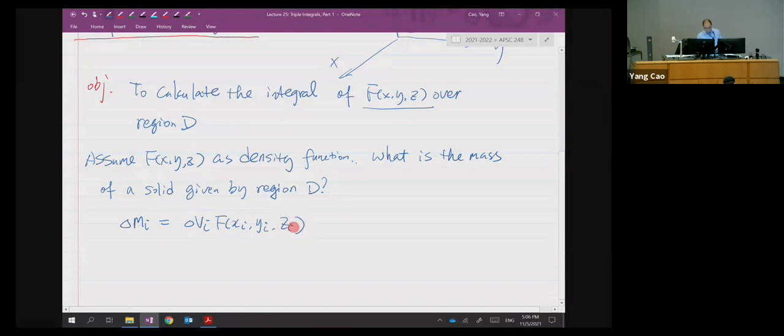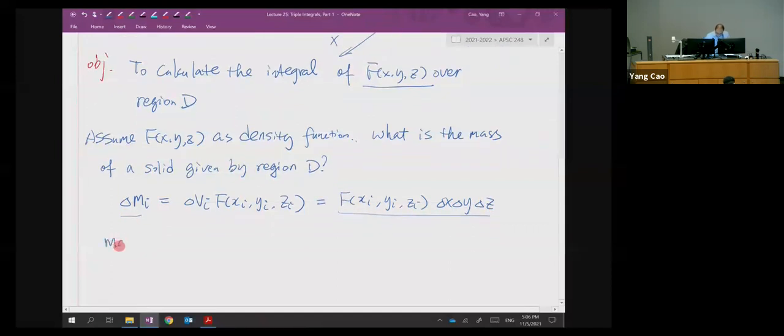The volume is delta x, delta y, delta z. So now you have the small mass for the cube.